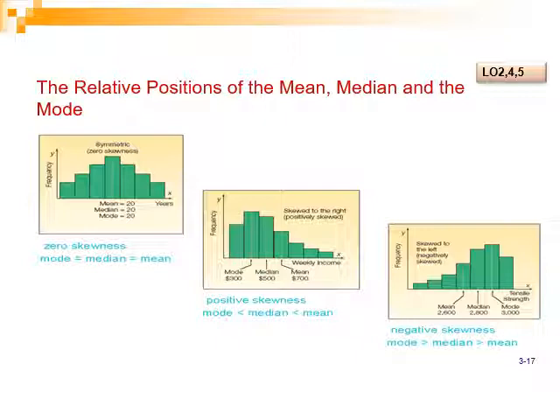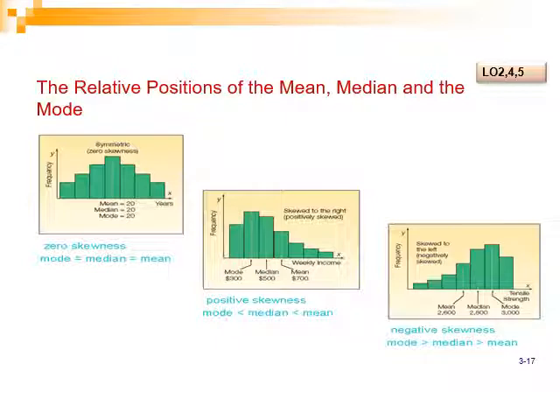Now let's move to the relative position of the mean, median, and mode. Here we have zero skewness, and we will introduce skewness later on in the chapter in detail, but let's go to this part and find the relation between the mean, median, and mode.